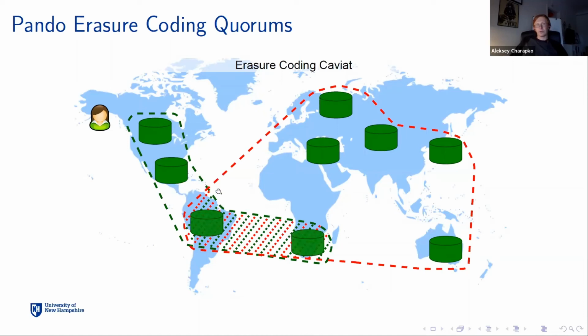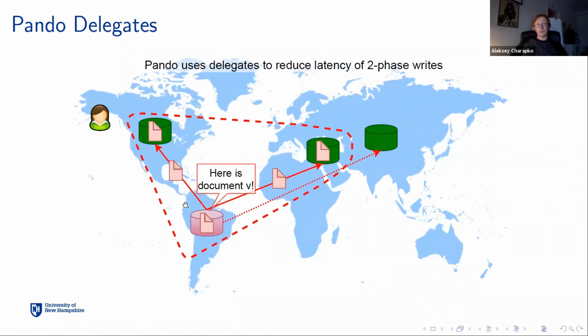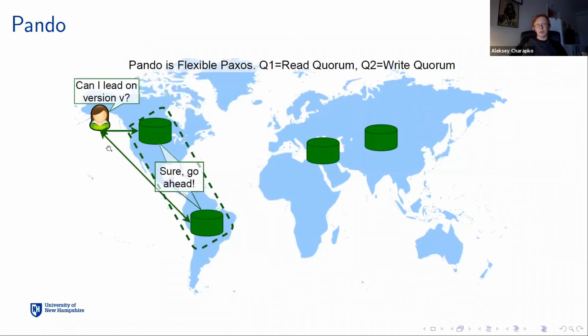So they don't expect a lot of these conflicts, for performance reasons. Similarly, they don't expect a lot of clients to try to become leaders on the same document at the same time, because this will lead to the dueling leader problem, where they try to outnumber each other, and none of them actually gets to write to the document.